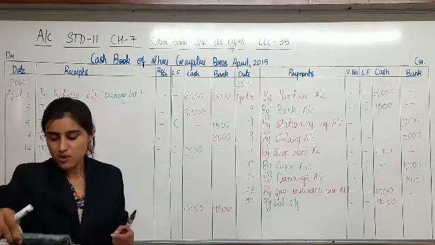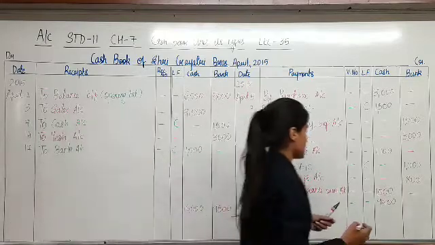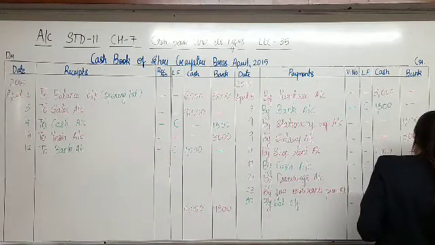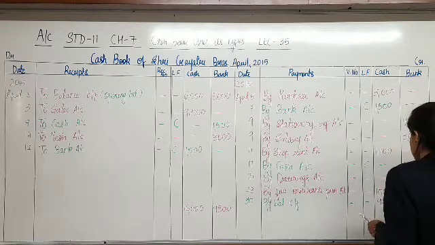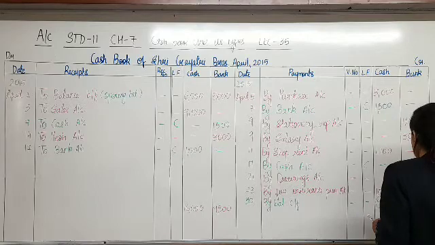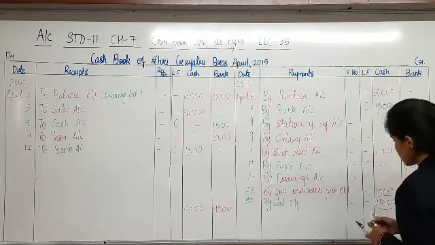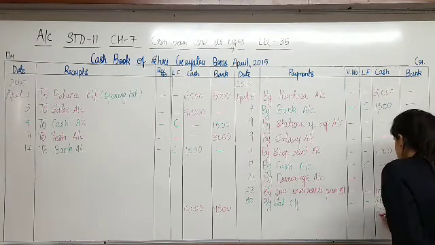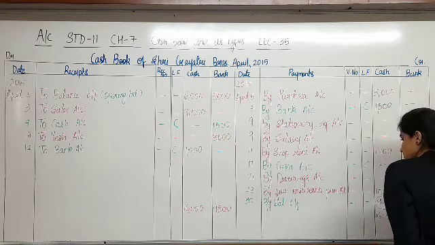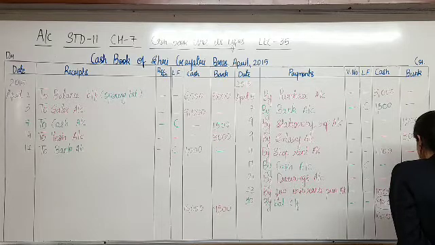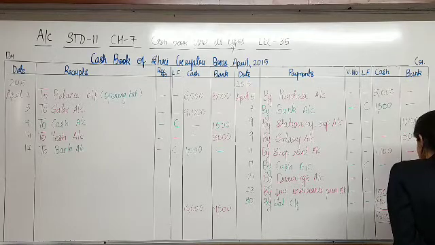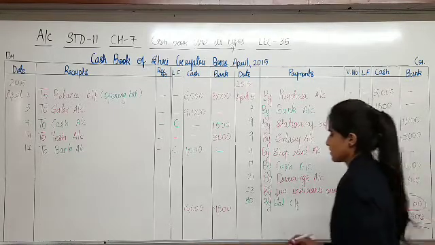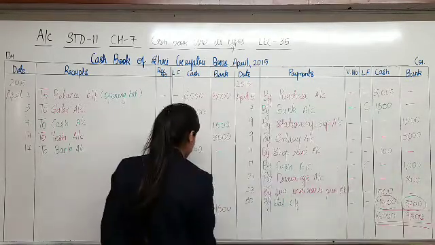So balance carried forward is 3700. Closing cash balance. Now the total to be written same on both the sides. This is how we write the total.